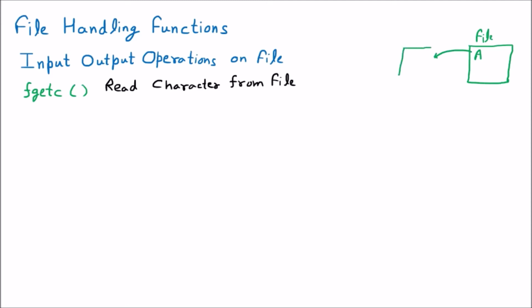This is reading a character from the file, and the syntax is very simple. Here you will say fgetc, in the bracket we have to pass the file pointer, let us suppose fp, and afterward a semicolon.